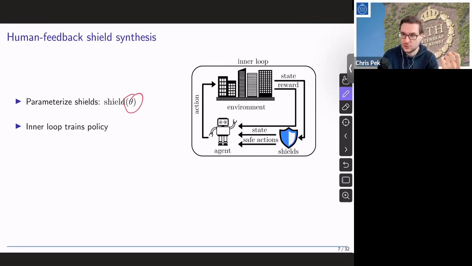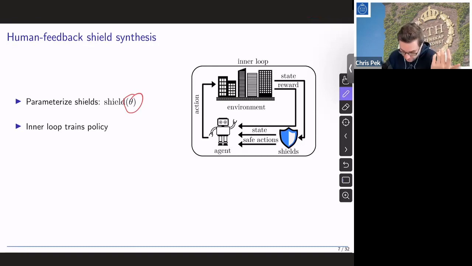It could correspond to the maximum velocity that the robot is able to exhibit, or the acceleration, and so on. So we can use this parameter to tune the shield given the property we want, for being more conservative or less conservative.